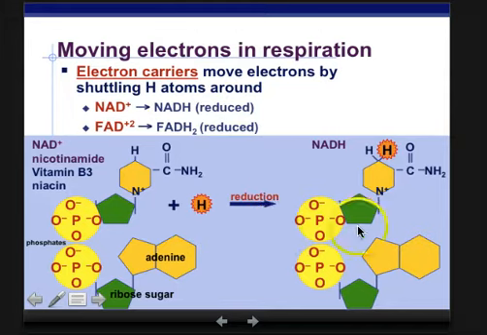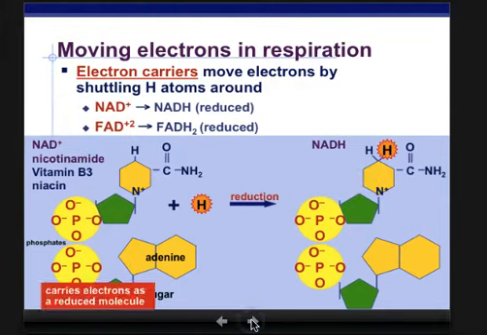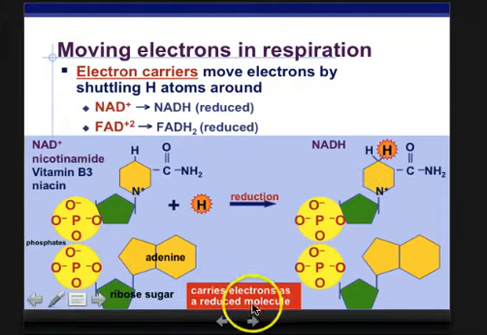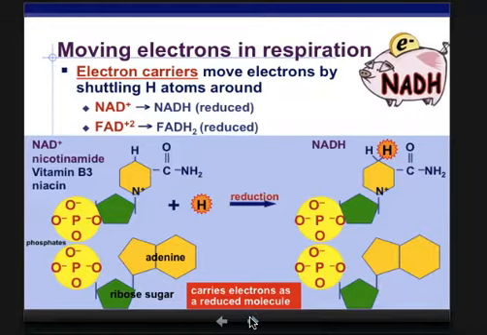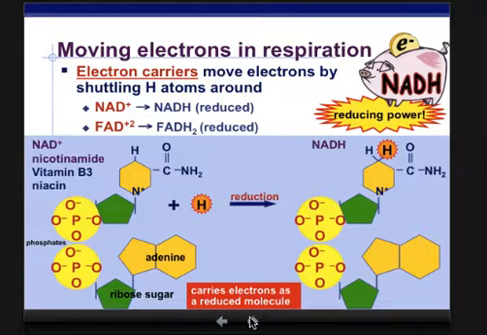So that's the reduction reaction that converts NAD+ into NADH. It is carrying electrons as a reduced molecule. So the whole function of the NAD is to carry electrons around. And it's really important in photosynthesis as well. You'll see. Oink, oink. It's like a little piggy bank, because it's got all this reducing power.